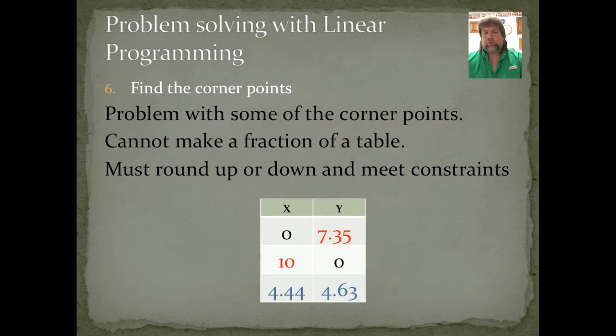But finding these corner points, there are some problems with these points because we don't want to make a portion of a table. We want to either make a whole table or no table at all. So let's round up or down and stay within the constraints.